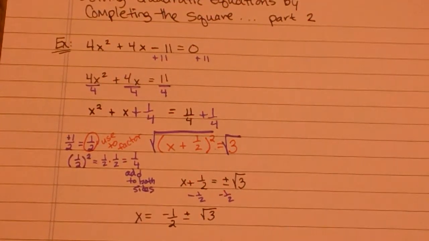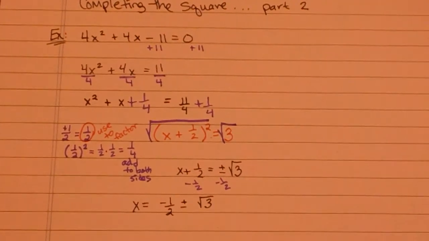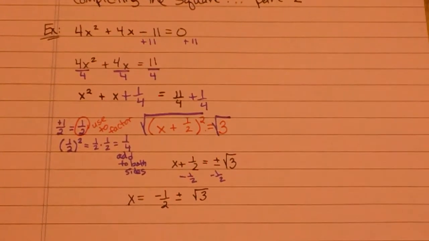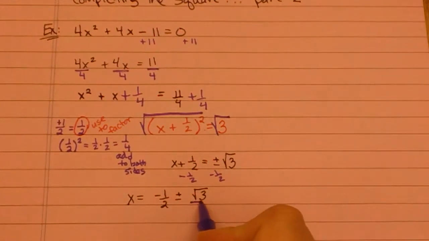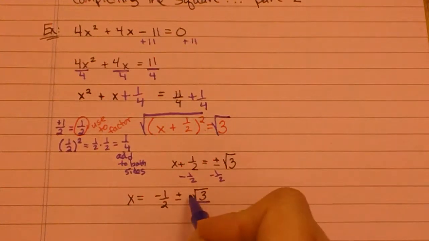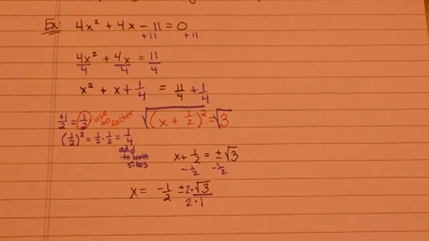Now that square root of 3 is really a fraction with a denominator of 1. And what we're going to want to do is combine these two terms into one single fraction. So I will need to get a common denominator. Since the square root of 3 is over 1, I will multiply by 2 in the numerator and by 2 in the denominator.